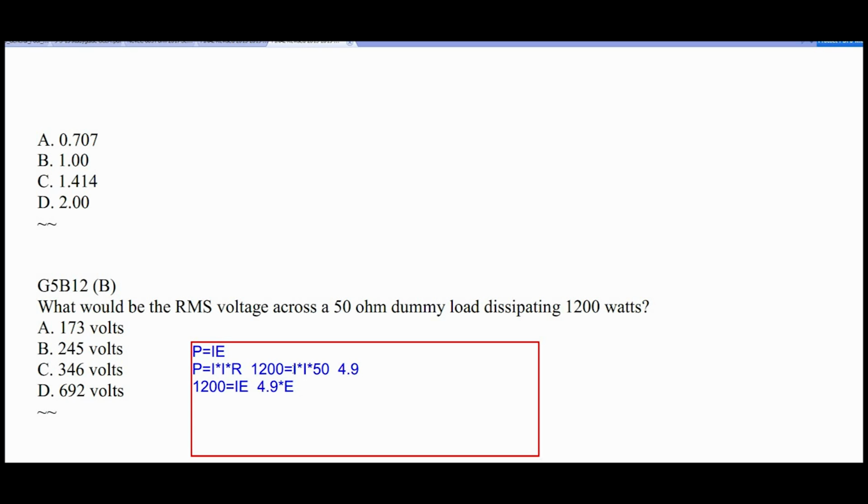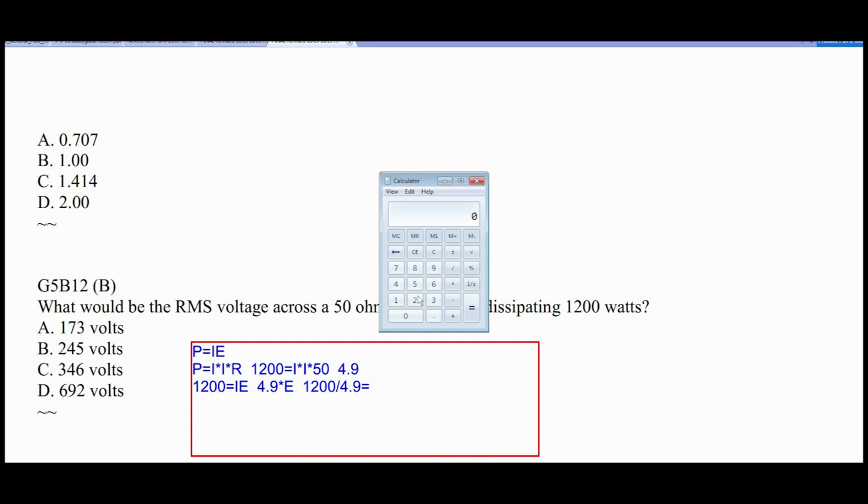So 1200 divided by 4.9 equals 244.9 I think it was.